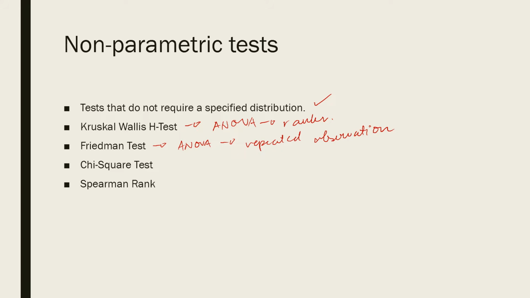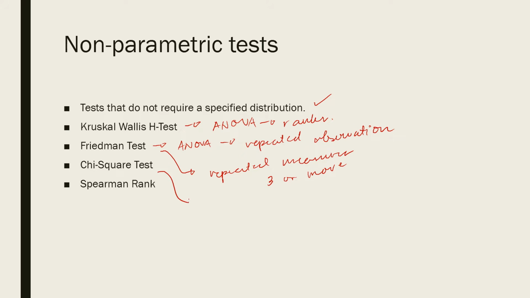Now, this is not specifically like your ANOVA, but your Friedman test is a test of repeated measures that have measures exceeding 3 or more. So we know that when we have repeated measures, we usually run a paired t-test, but if you have 3 or more observations or repeated measures in a certain population, then a Friedman test would be more applicable.